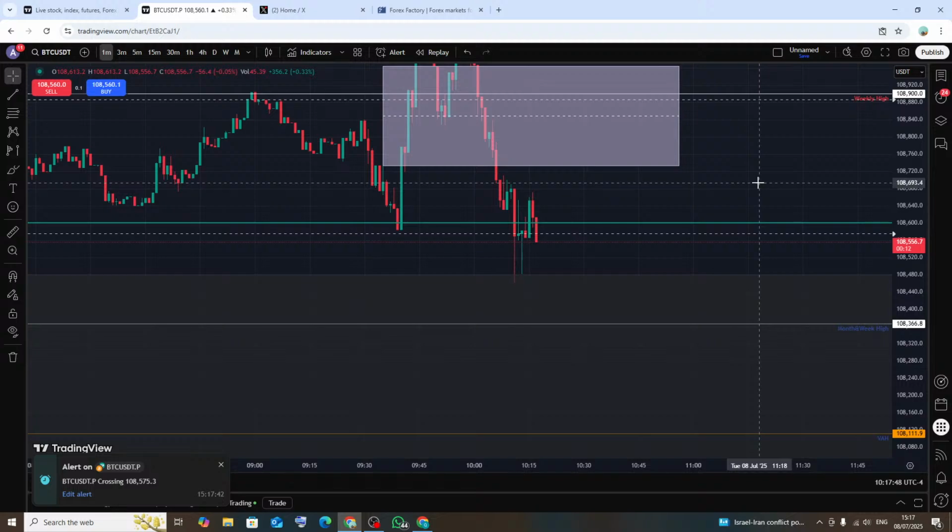Let's see on this 1-minute time frame, the market created this fair value gap and kept this open and then went down.